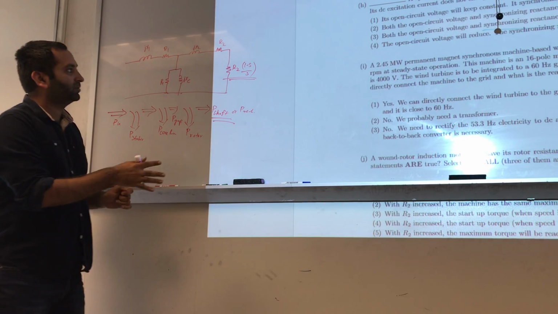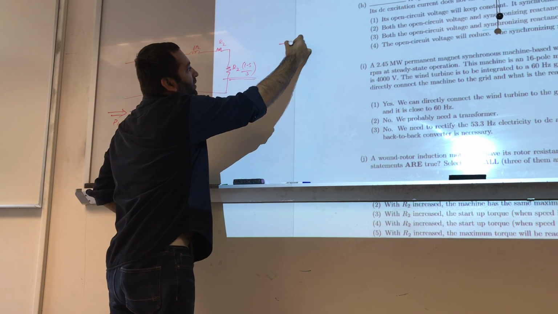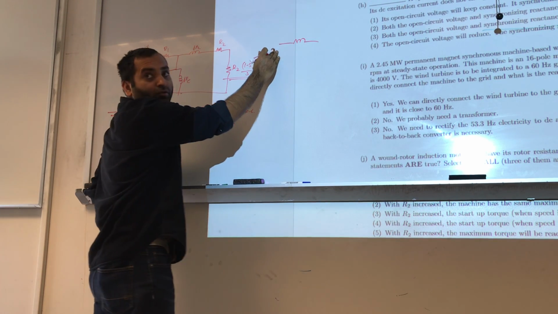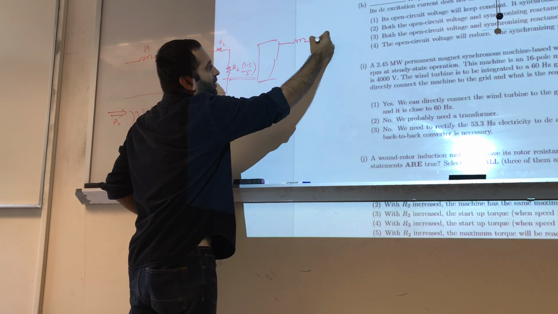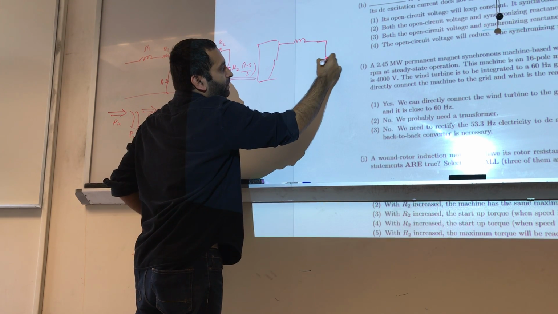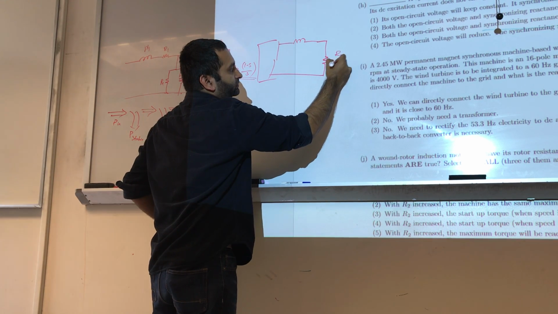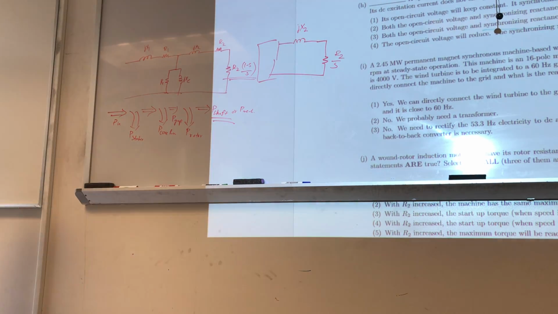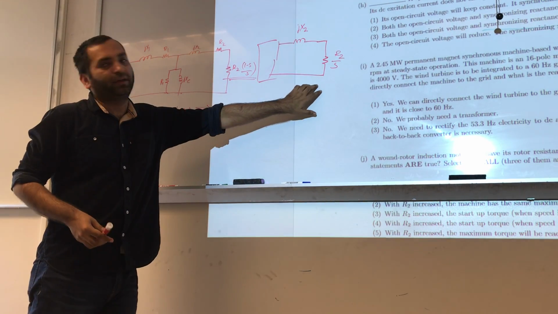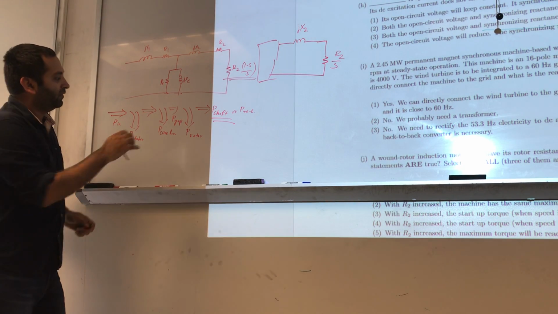I'll explain that. In the class we are told this, I'm just drawing the rotor side. This is R2 over S, and this is jX2, right? This is the equivalent circuit of the induction machine.